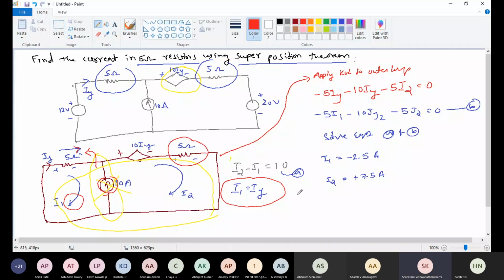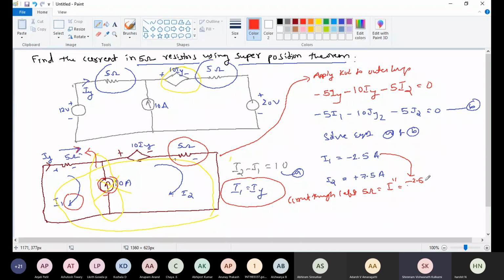Now I can write the current through the left side of 5 ohm, which is I1, that I'm going to call I double dash, that is equal to this minus 2.5.